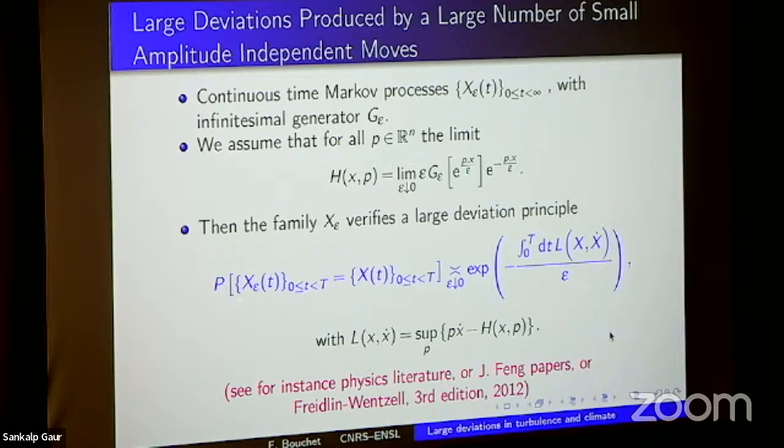Then immediately you get the large deviation principle, where the probability that x_epsilon is equal to x is the exponential of minus this action divided by epsilon. And here you have the classical relation between the Lagrangian and the Hamiltonian. So you have a formula to compute the Hamiltonian, and then you use the Legendre functional transform to compute the Lagrangian, and you get your action. So there is a very general and very simple way to do this.